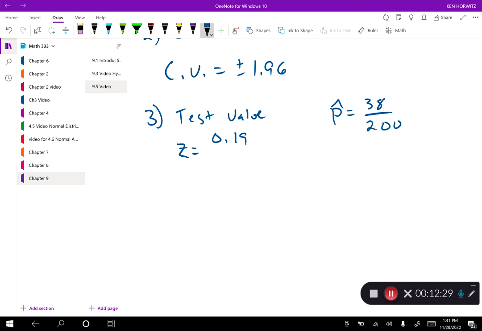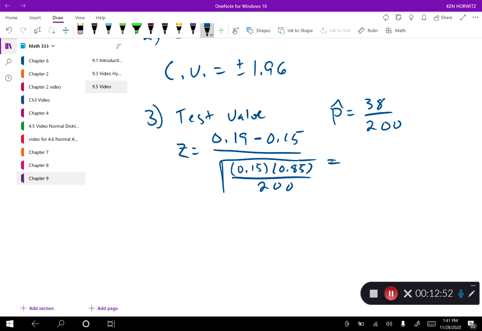And I got 0.19 minus my p, which we think is 0.15, divided by the square root of 0.15 times 0.85 over 200. All right, why don't you guys again pause the video, do the calculation, and we'll see if our numbers match up. All right, see you in a minute.